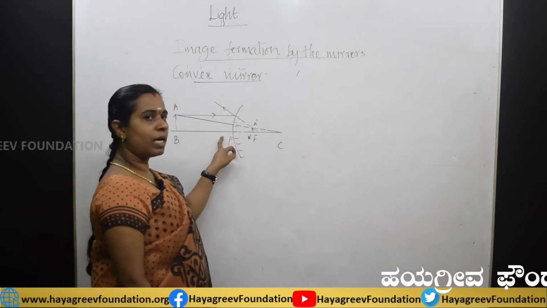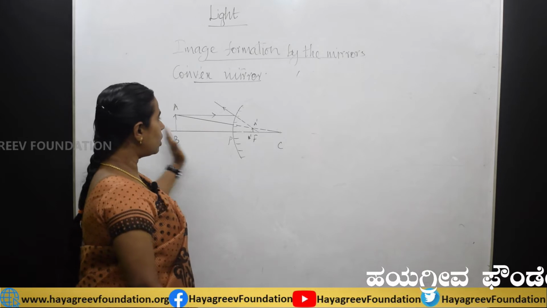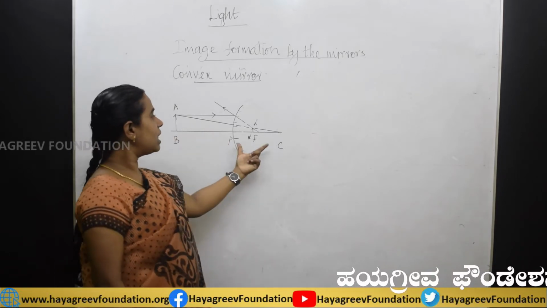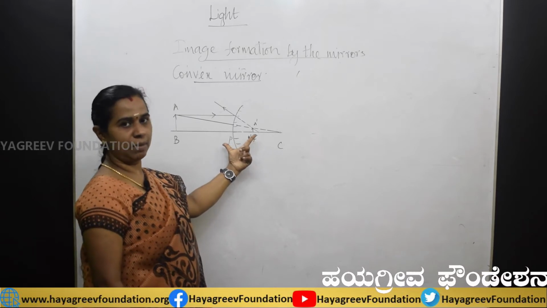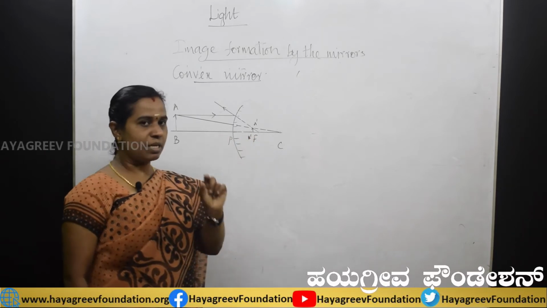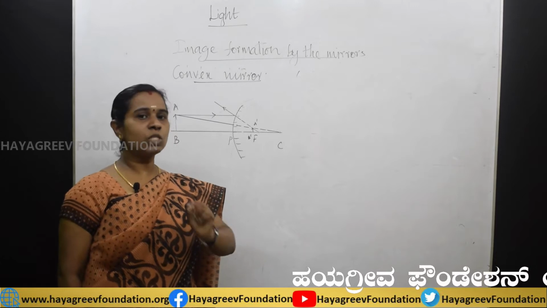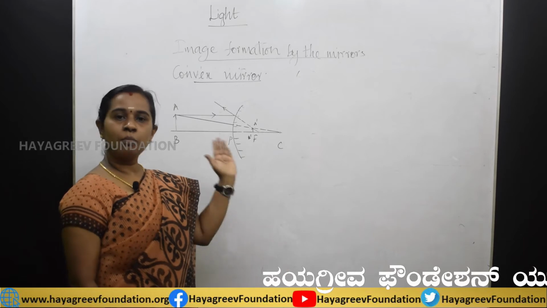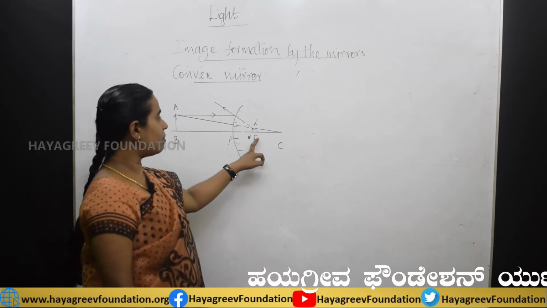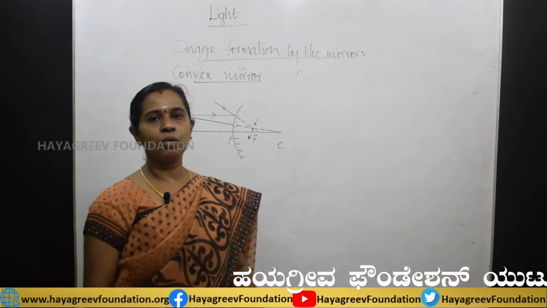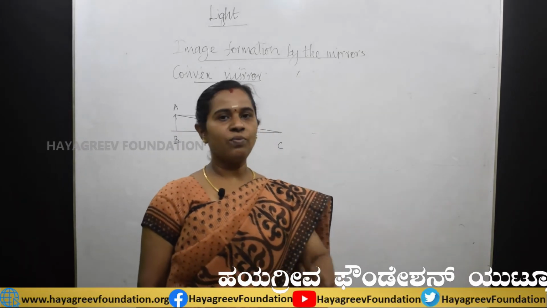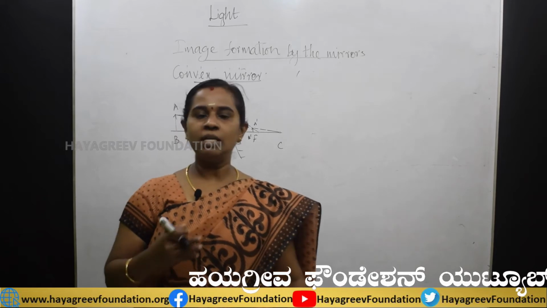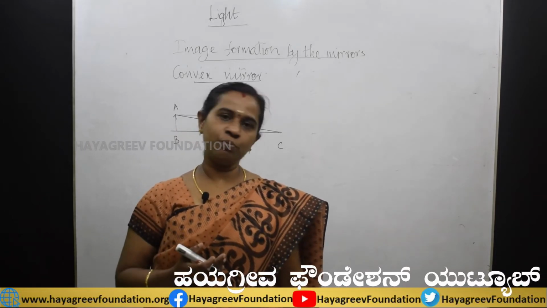We can't keep it at P; anywhere beyond P, at the pole of the mirror, wherever we keep it, the image is always formed between F and P. A very diminished, erect and virtual image is always formed between F and P. But if the object is kept at infinity, the image is formed at the principal focus. So, the image formed by a convex mirror is always virtual. So first we have to learn about the sign convention of mirrors.